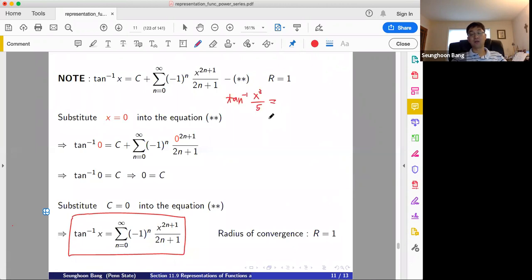What do you think? This problem is a little bit different from the previous function. In this case, we don't have any constant, only x. So what does it mean?